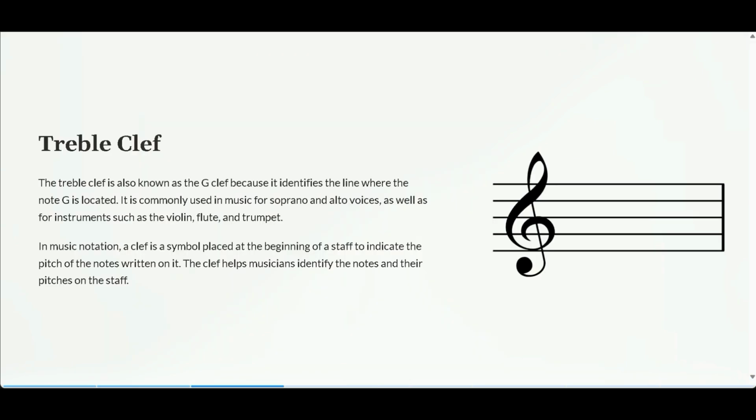So the treble clef is called the G clef. This is actually used for high-pitched instruments and voices.